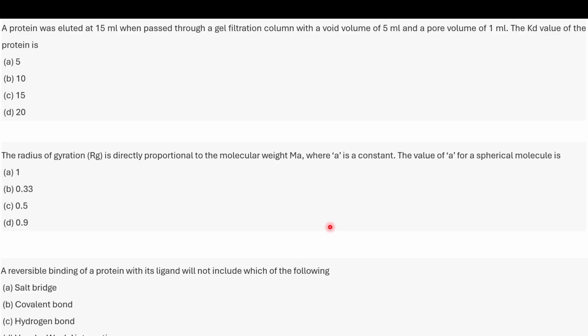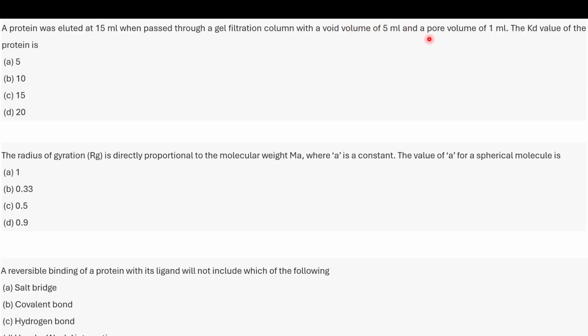So now let's come to the question answers. Few of the assignment questions. So, a protein was eluted at 15 ml when passed through an SEC column having a void volume of 5 ml and a pore volume of 1 ml, which means V naught is 5 ml, Vi is 1 ml, and Ve is 15 ml.